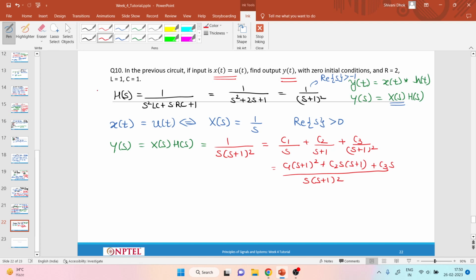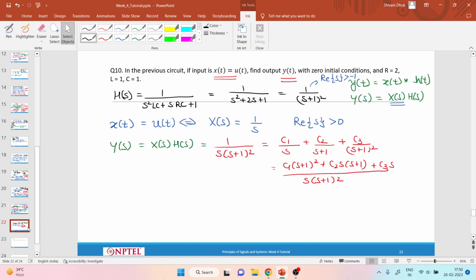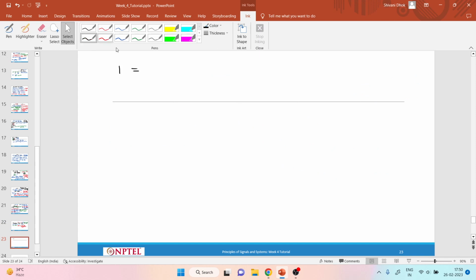So therefore what we have is 1 is equal to c1 into (s plus 1) square plus c2 into s into (s plus 1) plus c3 into s.